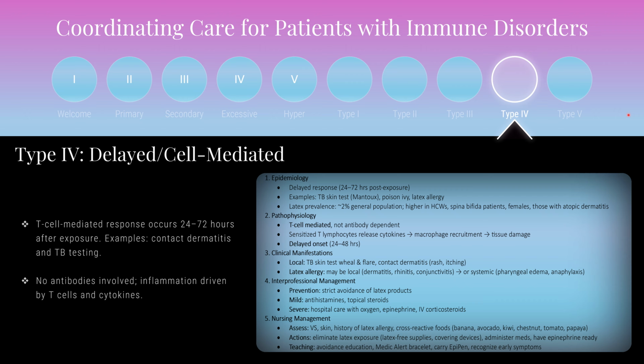So you see here in delayed cell mediated, the T cell mediated response occurs between 24 to 72 hours after exposure. So it's an example, very famous TB testing, the skin. No antibody involved, inflammation driven by T cell and cytokines.